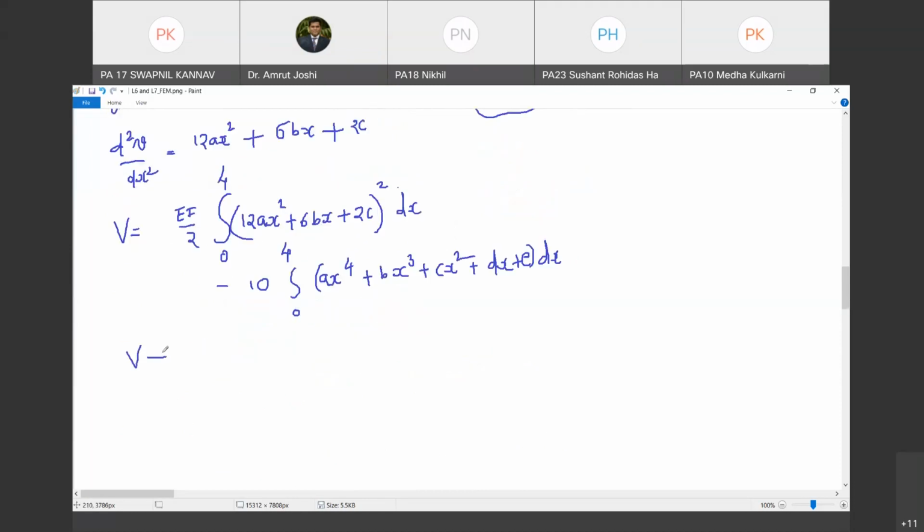Now this potential energy becomes a function of the coefficients a, b, c, d, e. Do you agree with me? Yes, sir. Because x is going to vanish when I integrate, and you are going to have V as a function only of a, b, c, d, e.